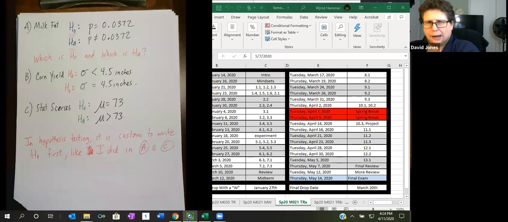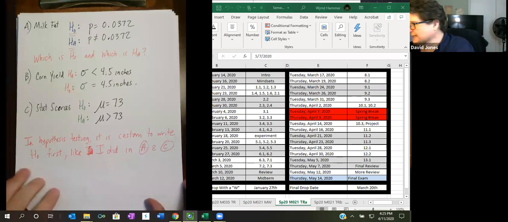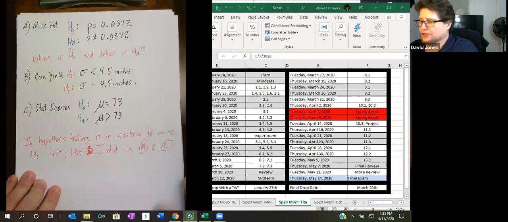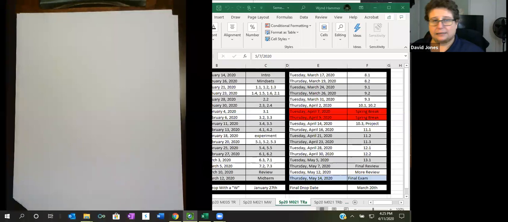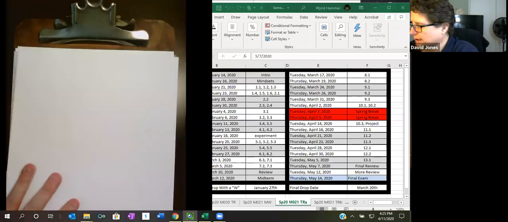You can't just go by what it is in order. The statement of equality is the null hypothesis. Okay, so I said we had two conclusions. One was to reject the null hypothesis, and one was do not reject it. When do we reject it? Let's be a little bit more specific.